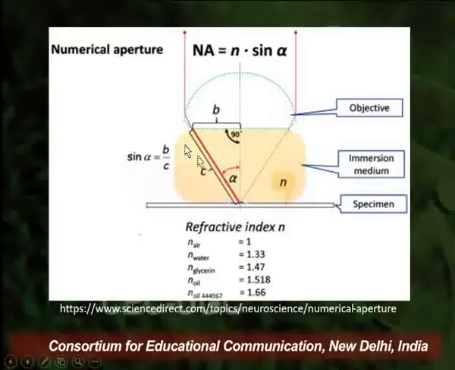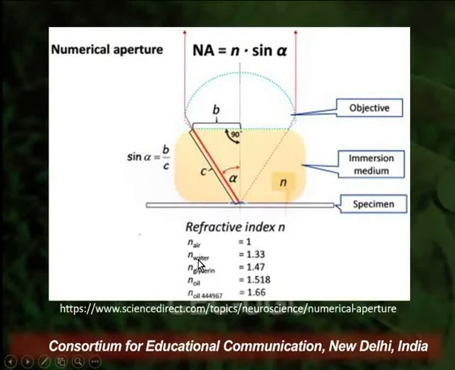So here, with the help of this diagram, you can very well see that by increasing the refractive index of various media, we can increase the numerical aperture to an extent. When we apply water, the refractive index is merely 1.33.